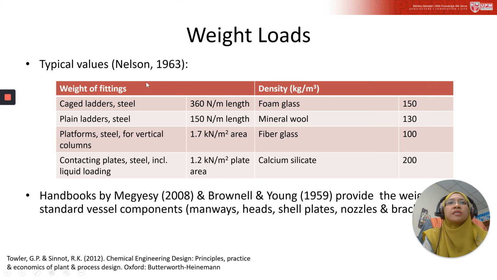These values can be taken from Nelson, this reference, as a rough idea for a preliminary estimate. So we have the weight of fittings like cage ladder, plain ladder, platform, contacting plates, and the density for materials: foam glass, mineral wool, fiberglass, calcium silicate.